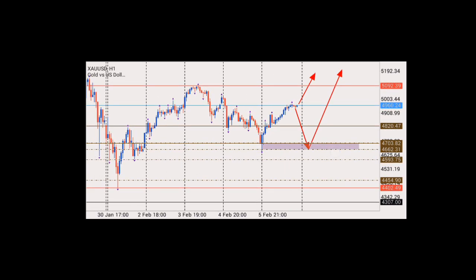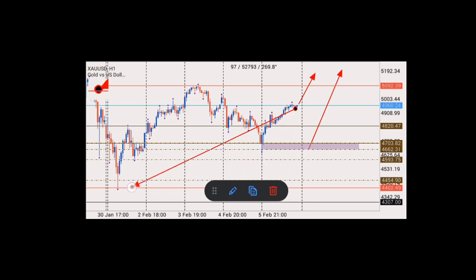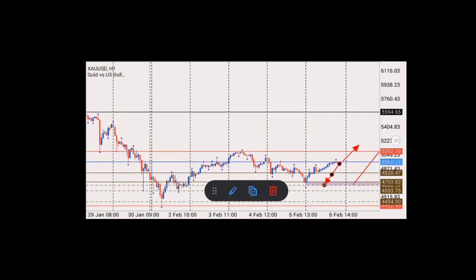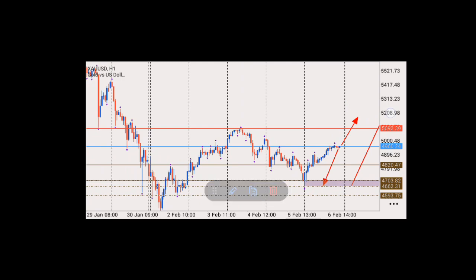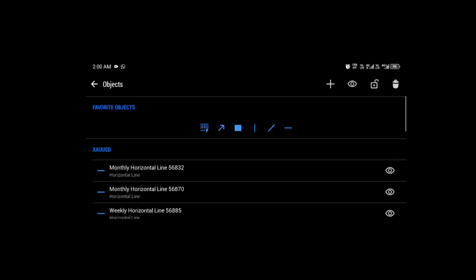So if price can easily come back to this pattern, because we are expecting price to take out this sell side liquidity, but it did not take it. So price is actually inside the buy side liquidity and the sell side liquidity. So right now, because we have this buy side liquidity here, this should be our target.